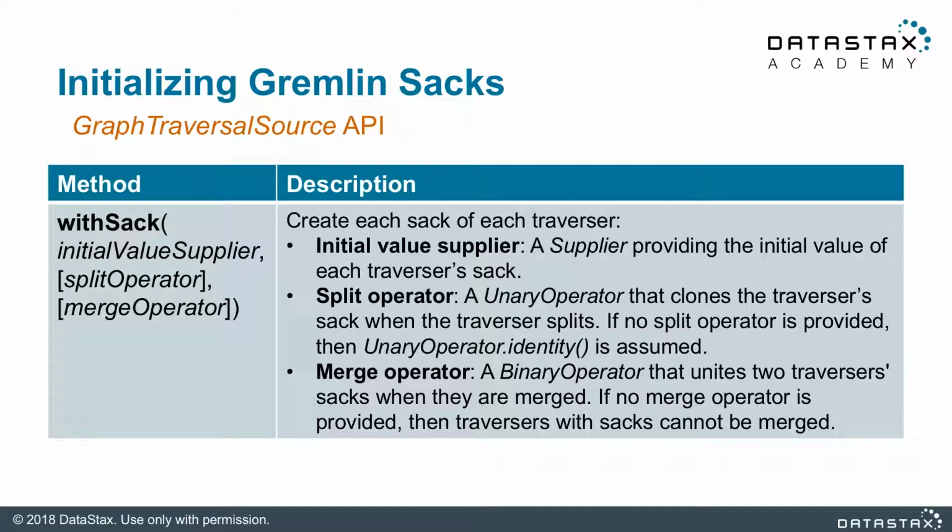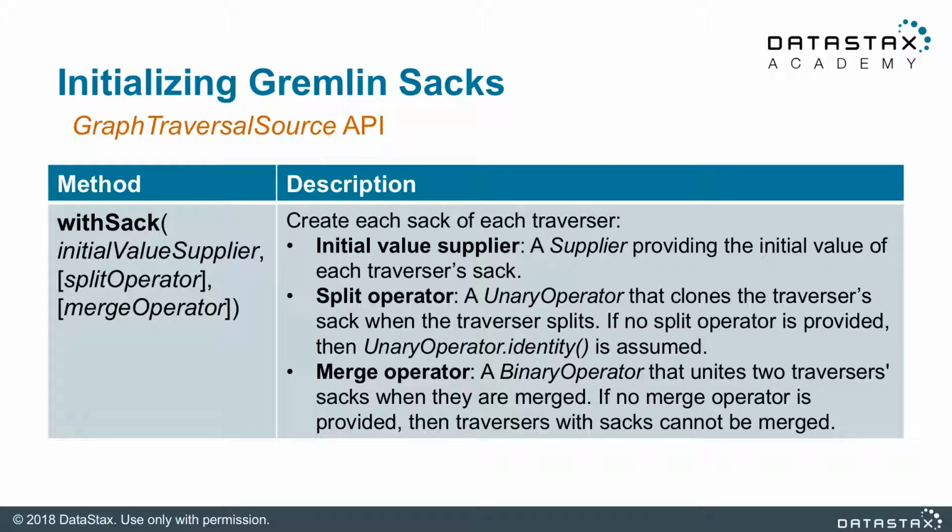If no split operator is provided, then identity is assumed. This essentially tells the traverser what to do when it moves from a vertex and goes out multiple edges. The split operator defines what to do with the sack and its values when the traverser splits from 1 to many. After a split, we need to consider what to do on a merge.